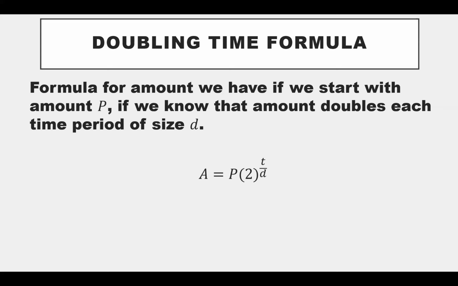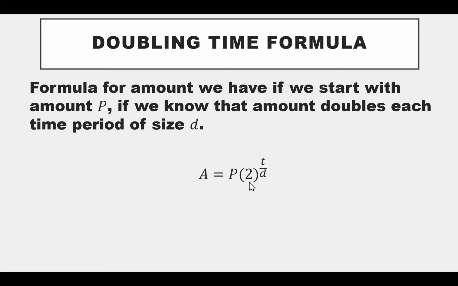If I know that a certain amount doubles each time period of size d, so let's say that something doubles every 7 years, then I could put d as 7 and set t for years, and that would give me the amount is equal to the starting amount times 2 raised to the t over d power.